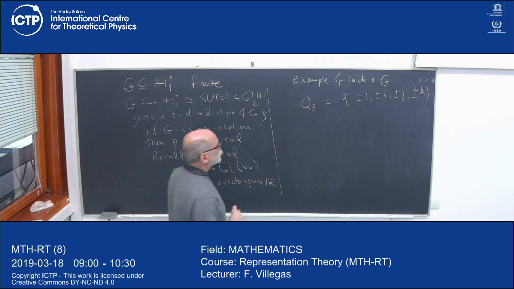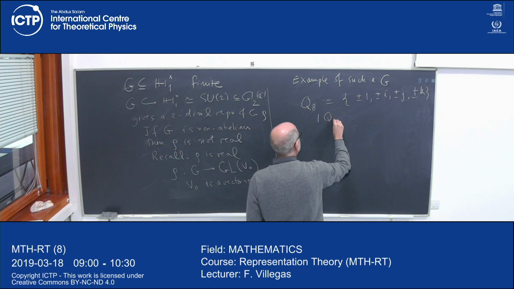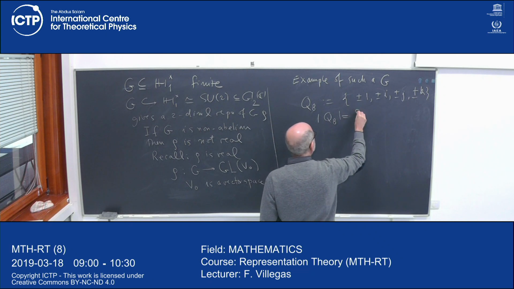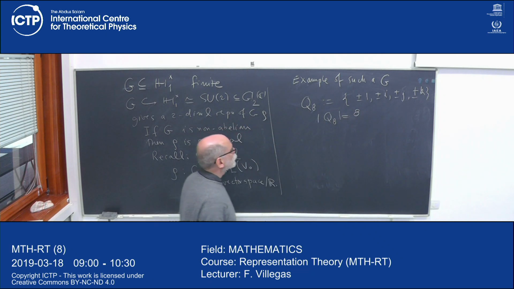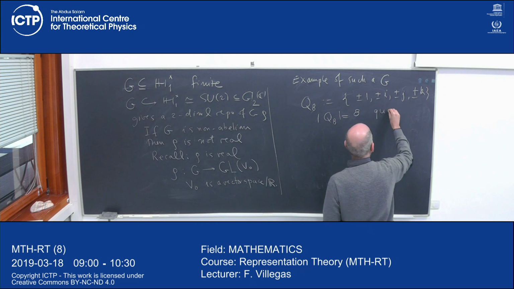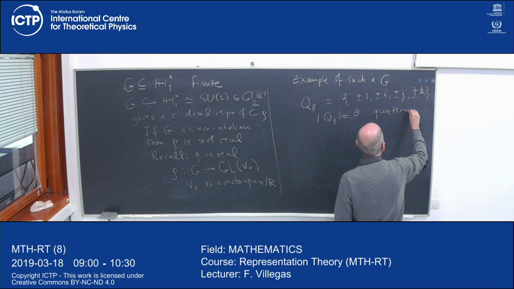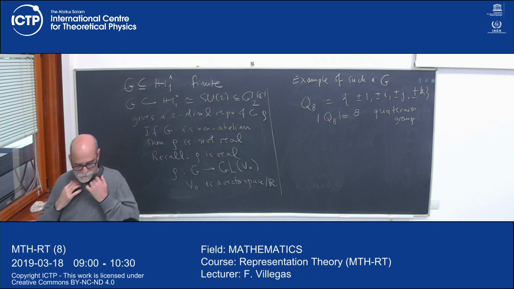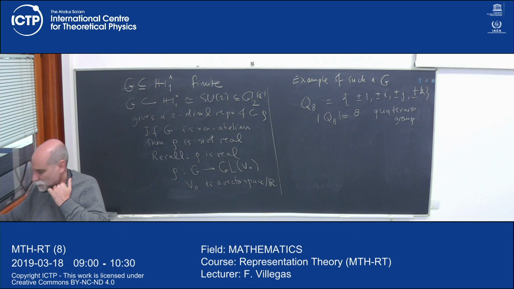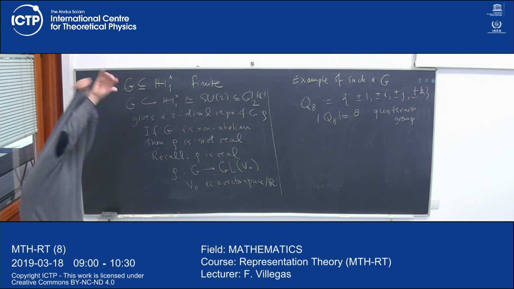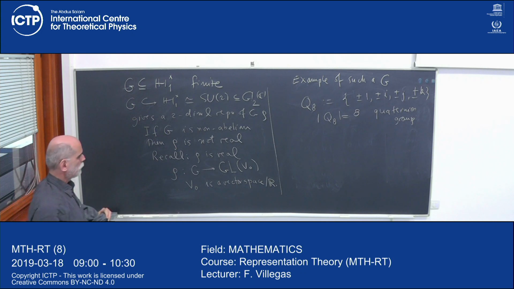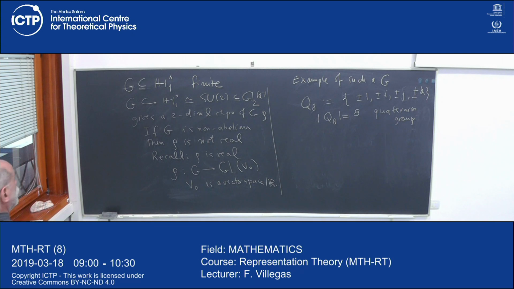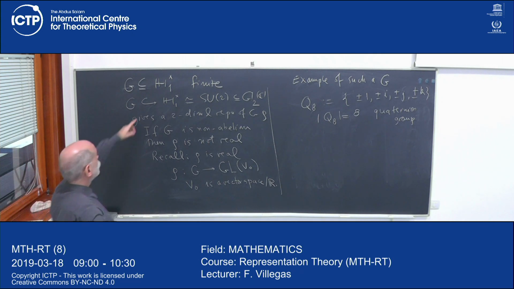So this is a group of order 8, called the quaternion group. It's not abelian: ij is minus ji. So it's an example of a non-abelian finite subgroup of SU2 via this isomorphism with the quaternions.